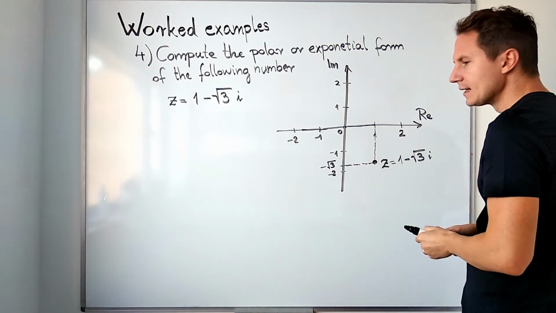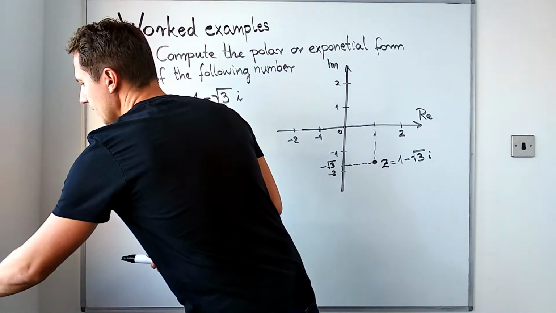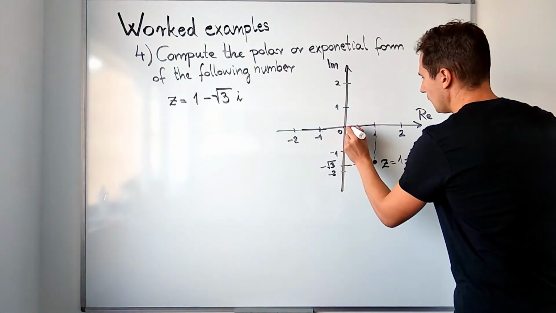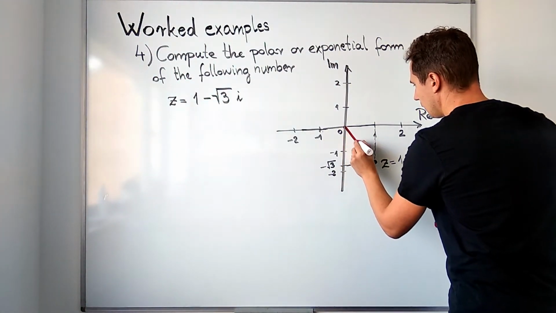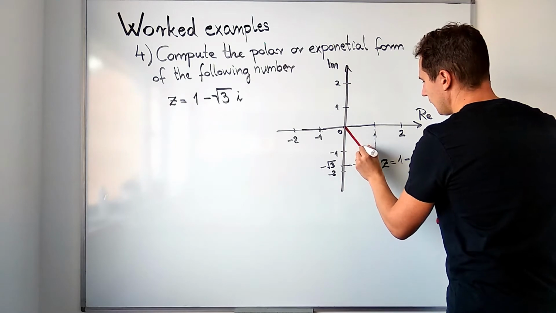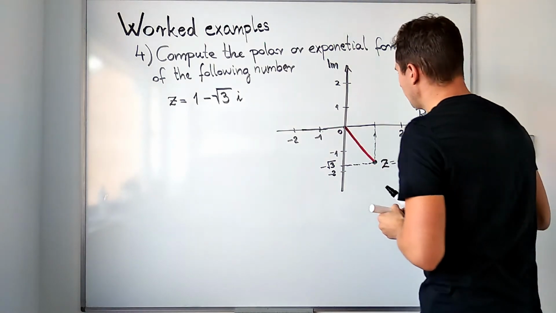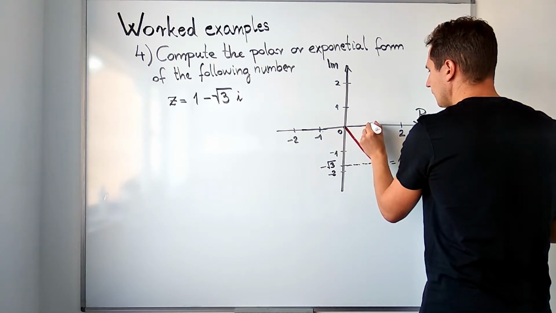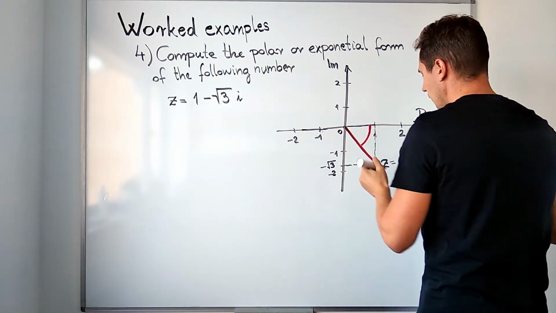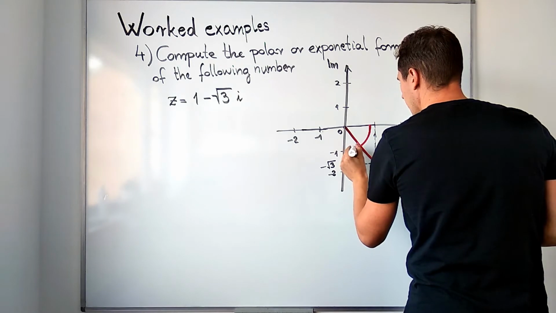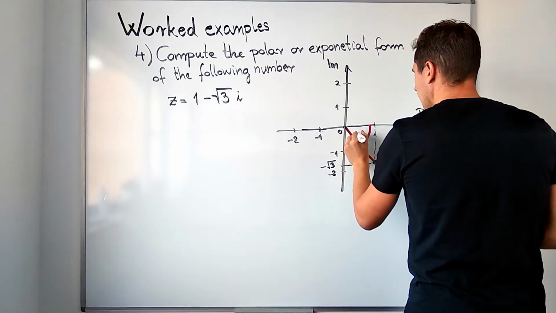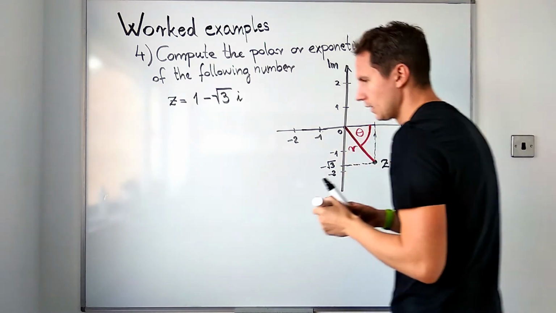So we need to calculate the length of the line segment that connects this point with the origin, and we also have to calculate this angle right here. So the first thing is the length, and the second one is the angle.